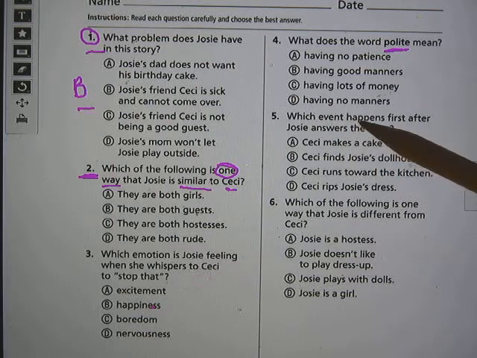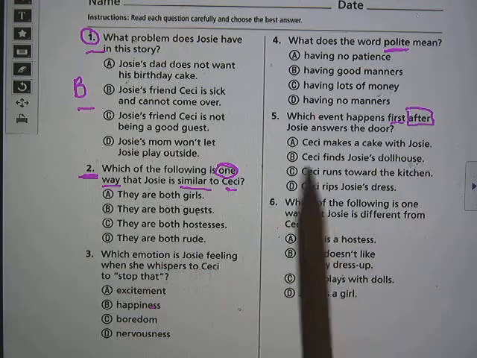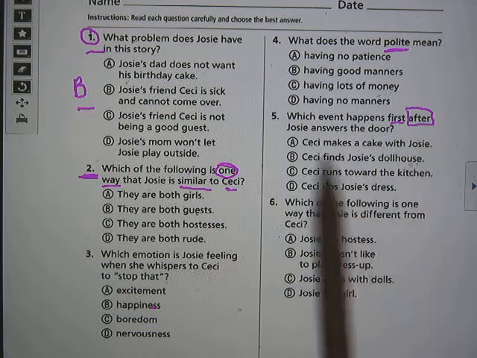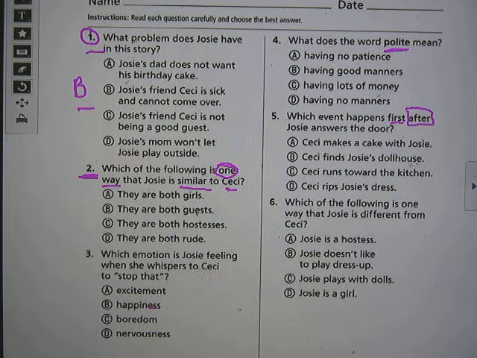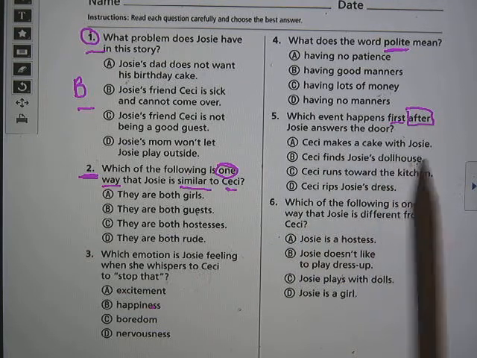Number 5, which event happens first after Josie answers the door? So which event happens first, and you've got to listen to that, after Josie opens the door. So once Josie opens the door, what's the first thing that happens? A, Cece makes a cake with Josie.